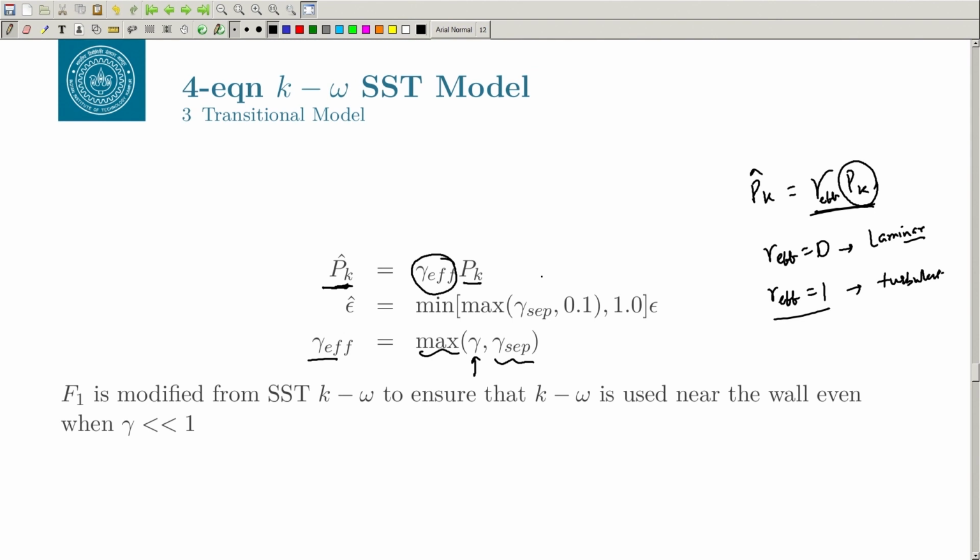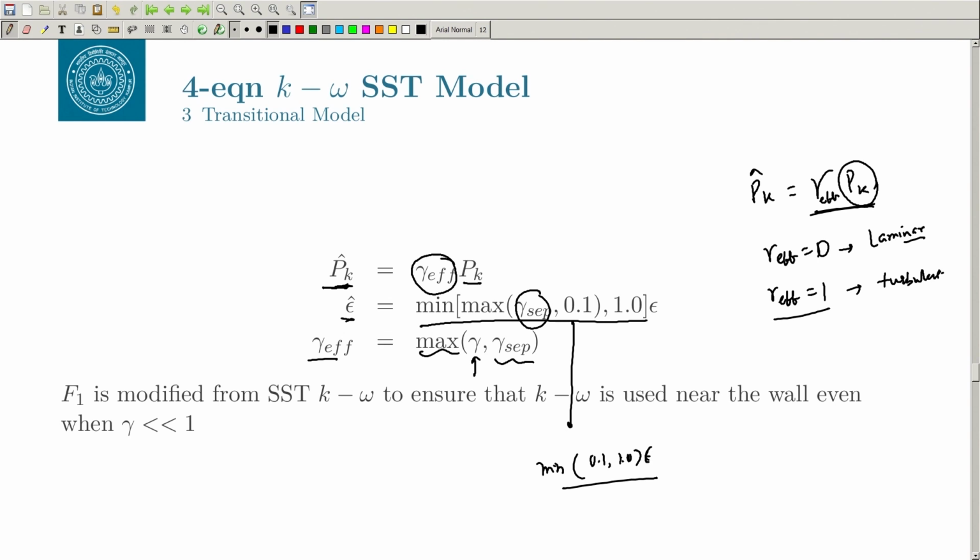Similarly, you can see here that the epsilon also is changed. Forget about gamma separation. Separation transition will not be covered in the class, but you can go back and look at it here. You can write it as a minimum of 0.1 or 1.0 times epsilon.